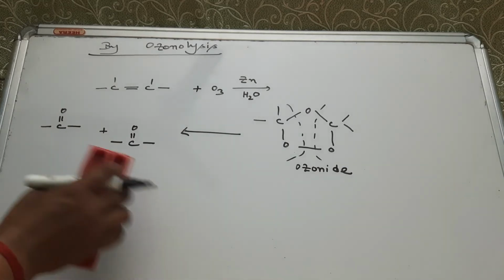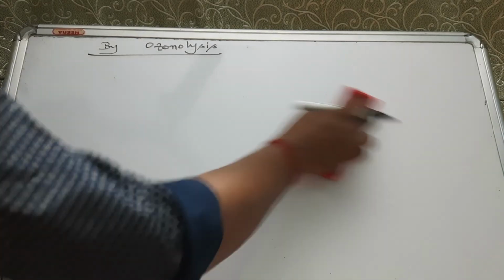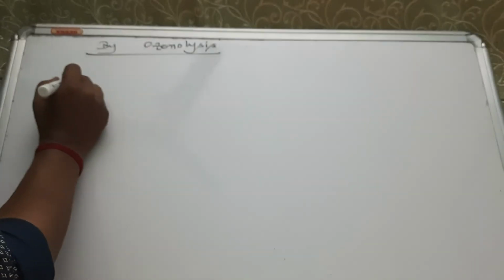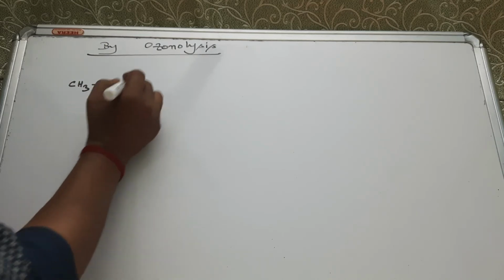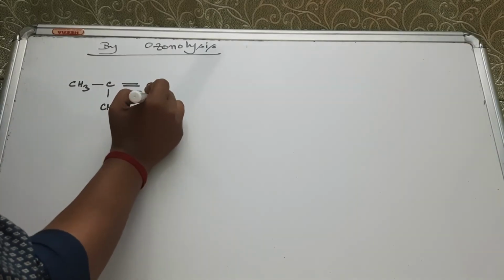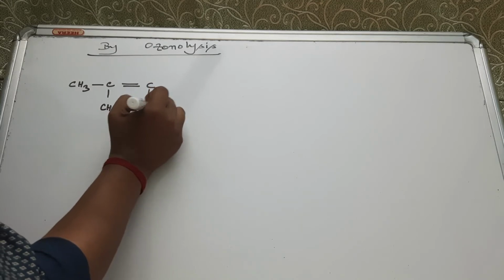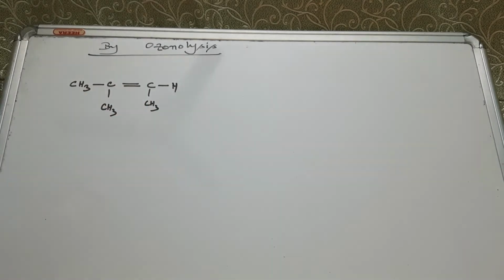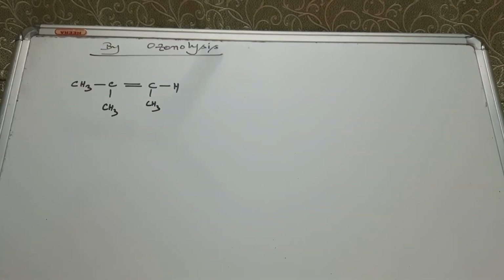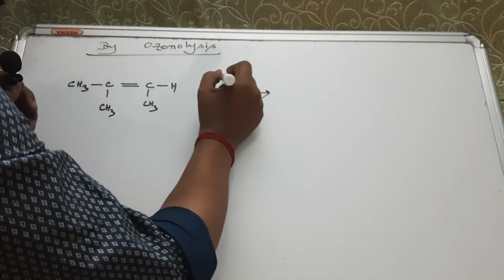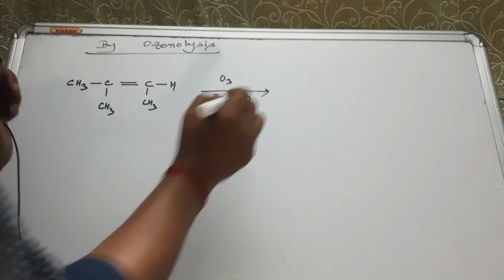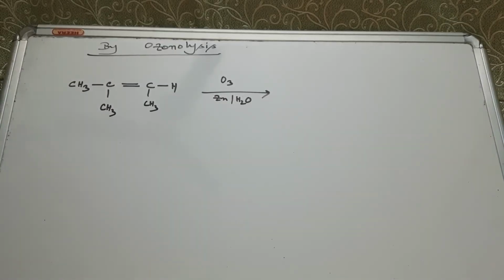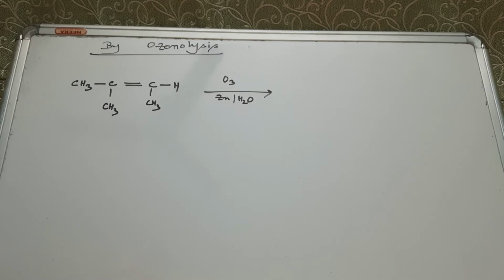Okay, this is the ozonide. So if you start from this CH3, C, CH3, this part. You don't need to remember all the mechanistic pathways.